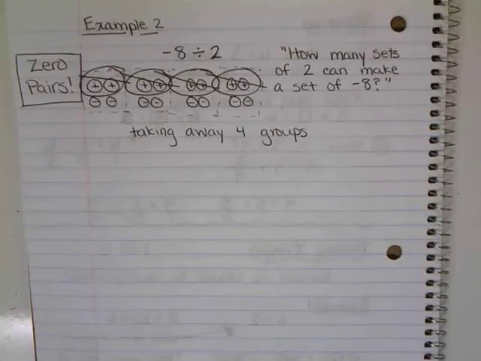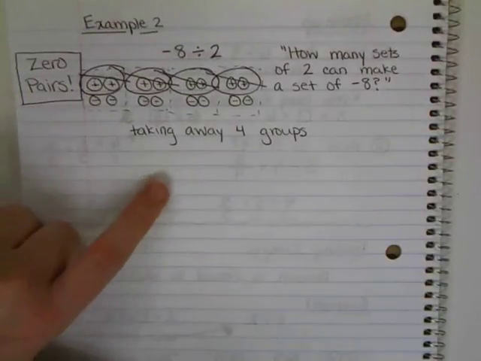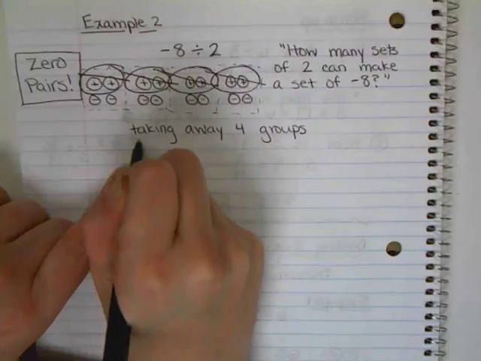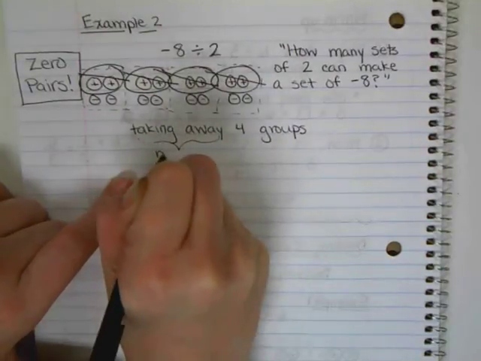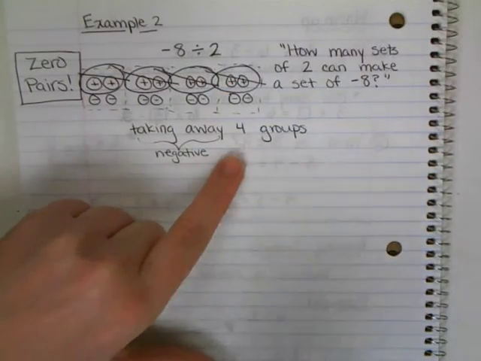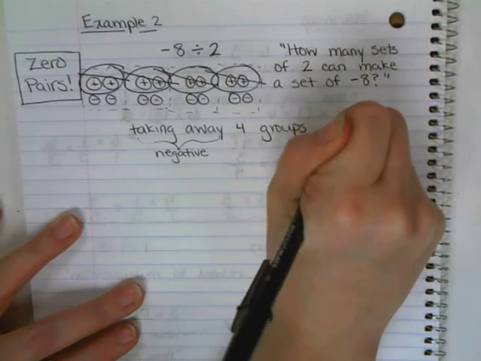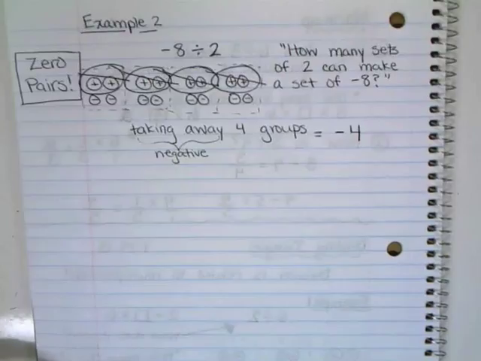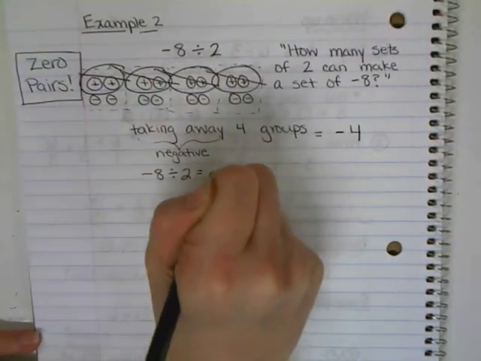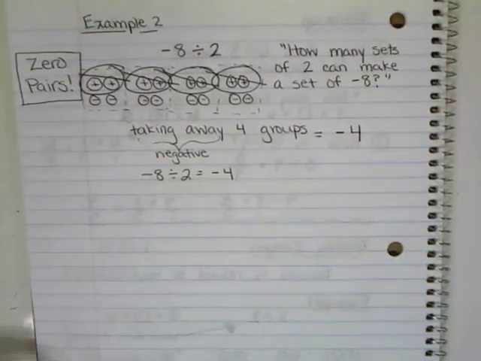Well, for how you're going to write the answer, it's going to be negative. Good, because I'm taking away, so the taking away tells me that my answer is going to be negative. And I know that I took away 4 groups, so it's going to be negative 4. I found a connection. So negative 8 divided by 2 equals negative 4.